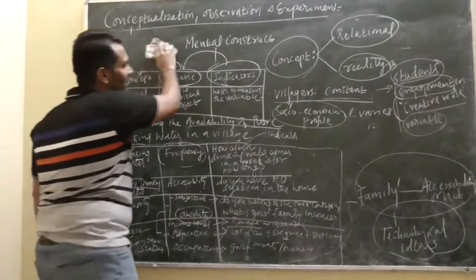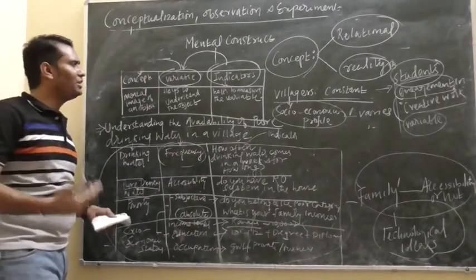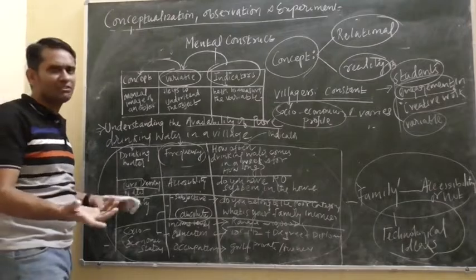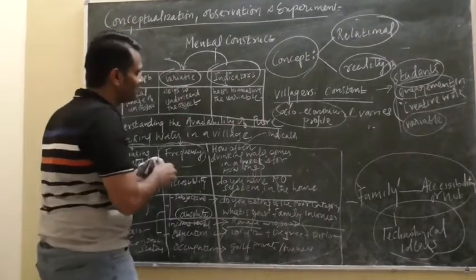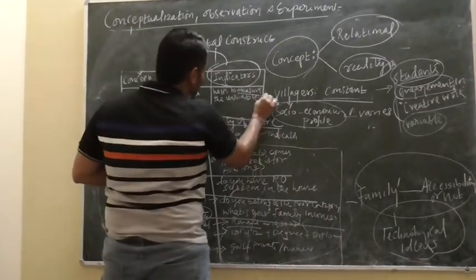The next idea is that there are four levels of measurement. So here measuring comes.